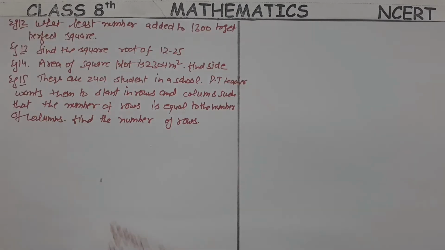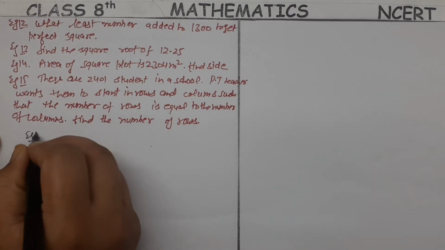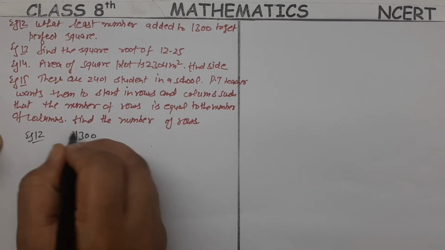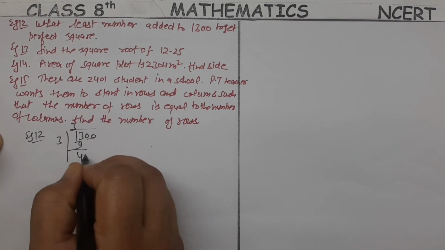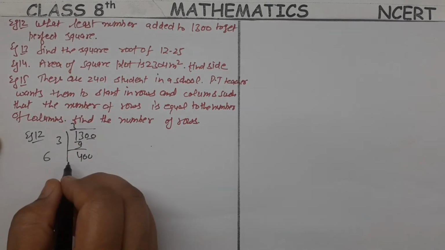Example number 12. What least number must be added to 1300 to get a perfect square? Double of 3 is 6.